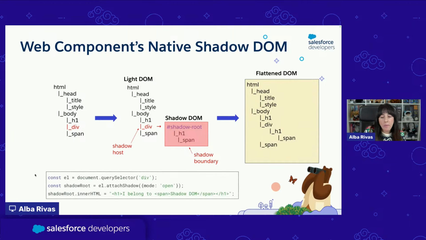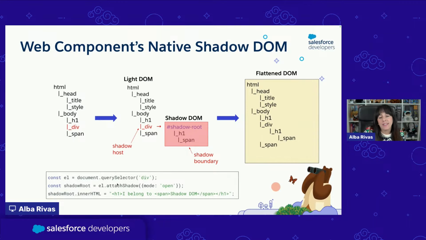In vanilla web components, the way in which you create a shadow DOM is this one. You get the element to which you want to attach the shadow, and then you use a standard function, which is attachShadow, and then you can start adding elements to that shadow. But when you create Lightning Web Components, you don't need to do any of this because we do it for you.